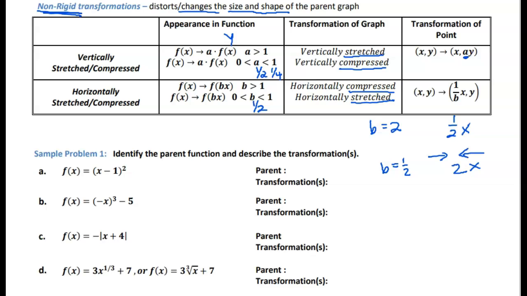So the first one here, you're going to identify the parent function and describe the transformations. Right away, you look for symbols or degrees to know what parent function it is. So this is degree 2, so this is the quadratic parent function, x squared. Now, what's happening to the plain old parabola x squared when you add a -1 inside?